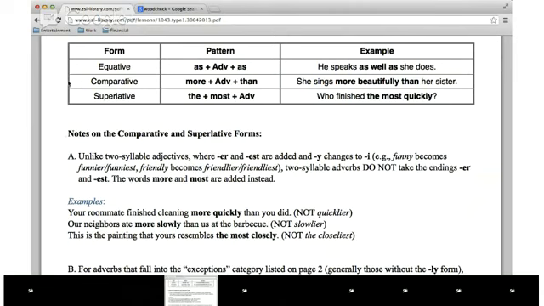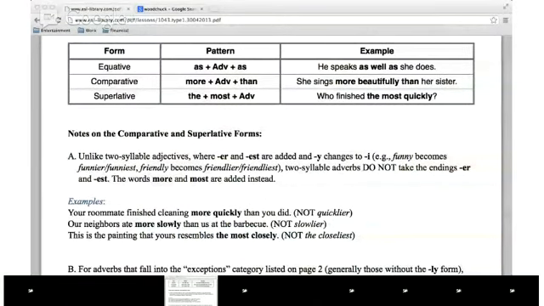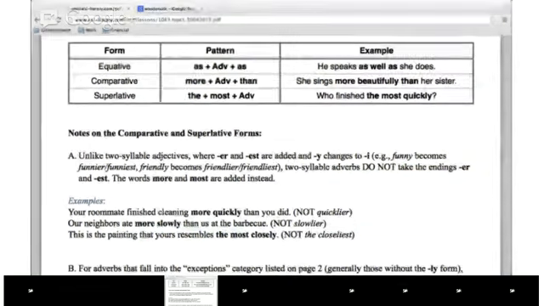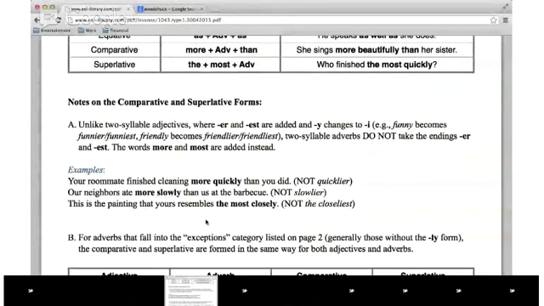The words more and most are added instead. Examples: Your roommate finished cleaning more quickly than you did, not quicker. Our neighbors eat more slowly than us at the barbecue, not slower. This is the painting that yours resembles the most closely, not closest.